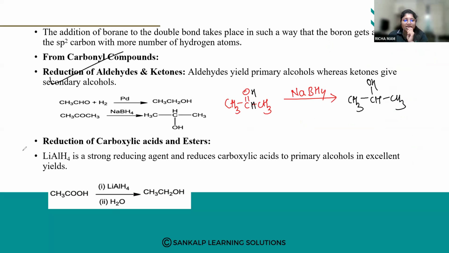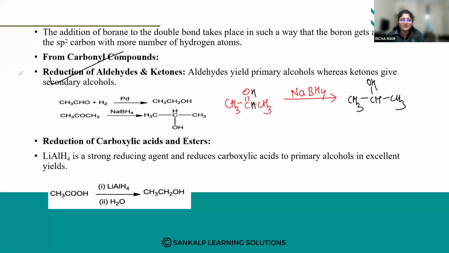Next is reduction of carboxylic acids and esters. Lithium aluminum hydride is a good reducing agent and reduces the carboxylic acid to a primary alcohol. When we are reducing carboxylic acids and esters, they are correspondingly reduced to primary alcohols.